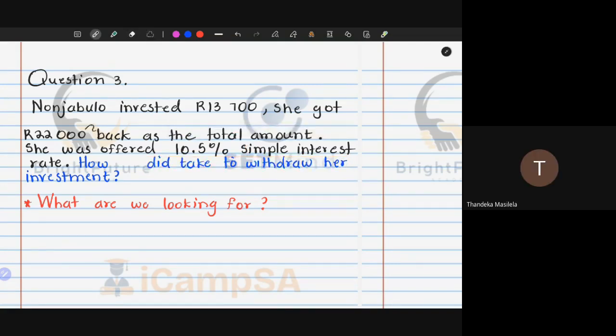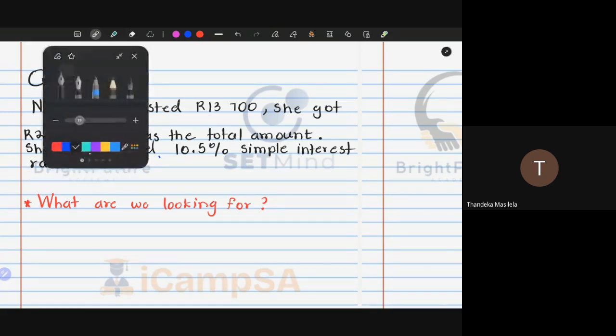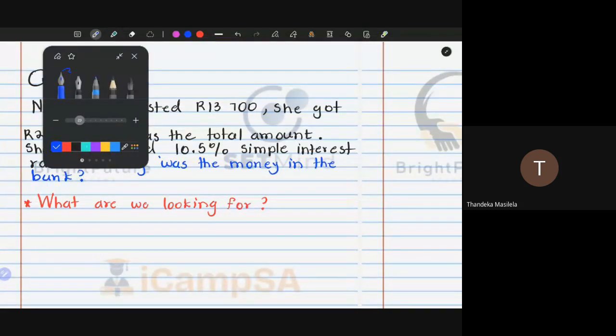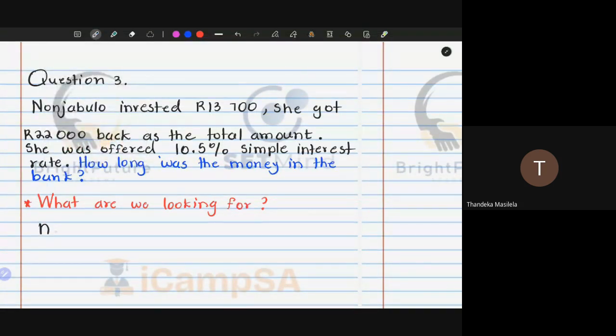So this English here is not making sense. Let me quickly rephrase that, and then we deal with the problem. So how long, let me put it simple, was the money in the bank? Maybe that is clearer. So the short answer is we are looking for N, of which N is the number of years.